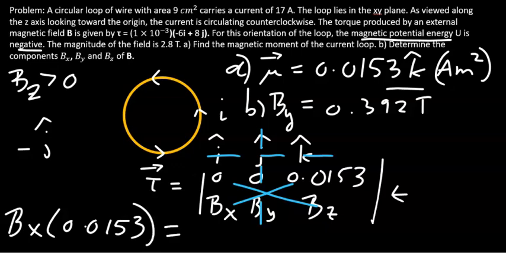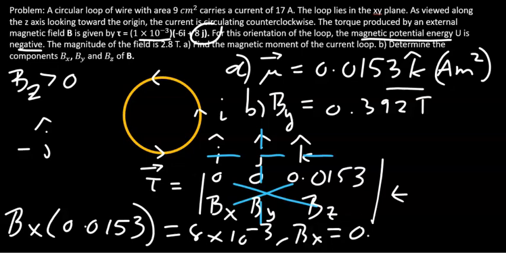And that must be the same as 8 times 10 to the power minus 3. And you can solve for Bx, the x component of the magnetic field. And you get 0.523 Tesla.